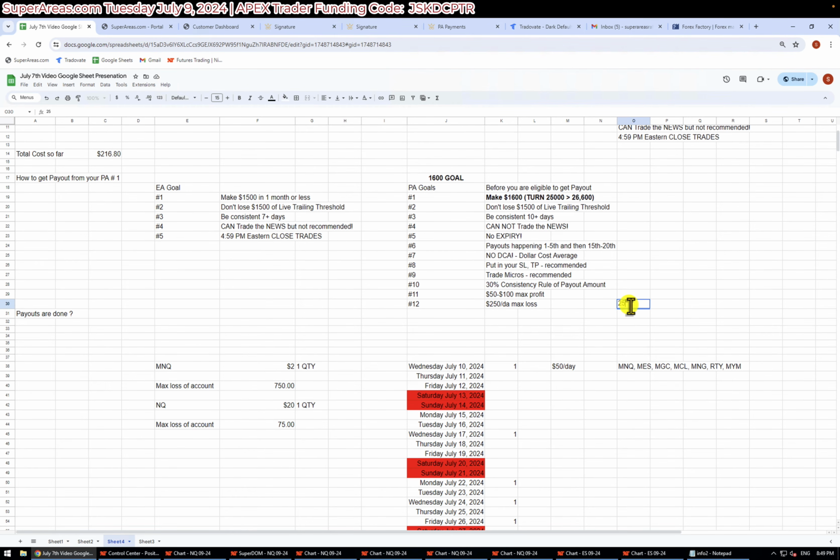Some people like more, some people like less. $250 to me is reasonable, because it's about 16 to 17% of your portfolio. Some people say use a 30% rule, or 20%, or 25%. 15 to 16% is a relatively good enough loss.